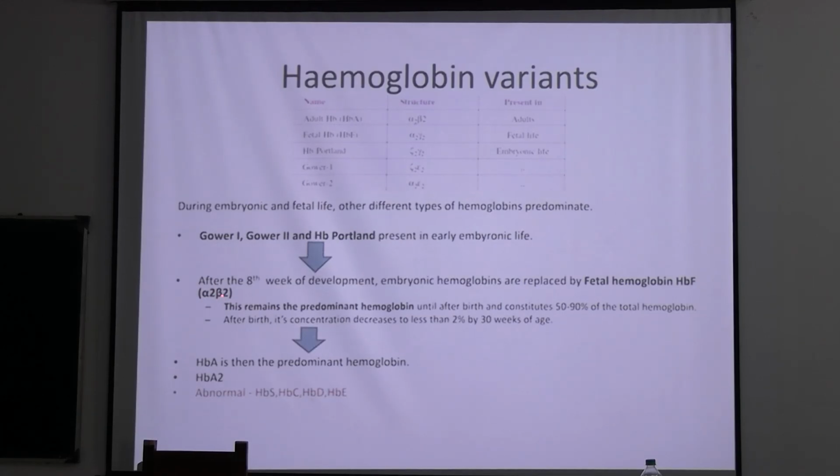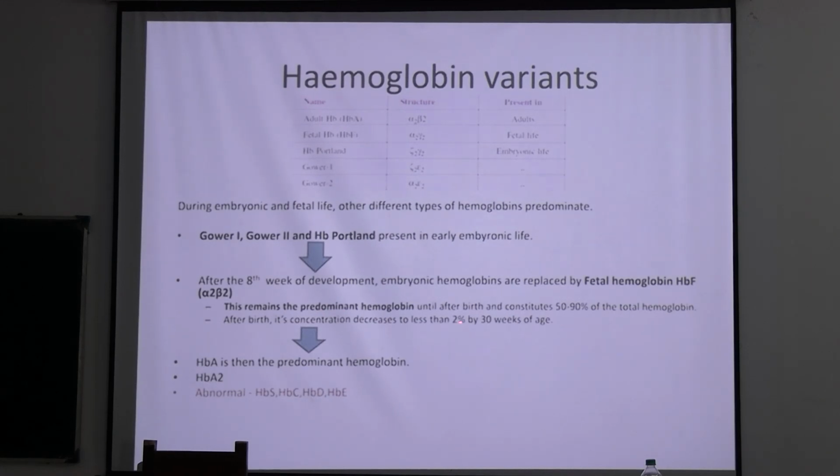And this remains the predominant hemoglobin after the birth and it gradually decreases and at 30 weeks of age, like 7 months, it decreases to less than 2% and the rest of the hemoglobin is HbA, that is alpha 2 beta 2.